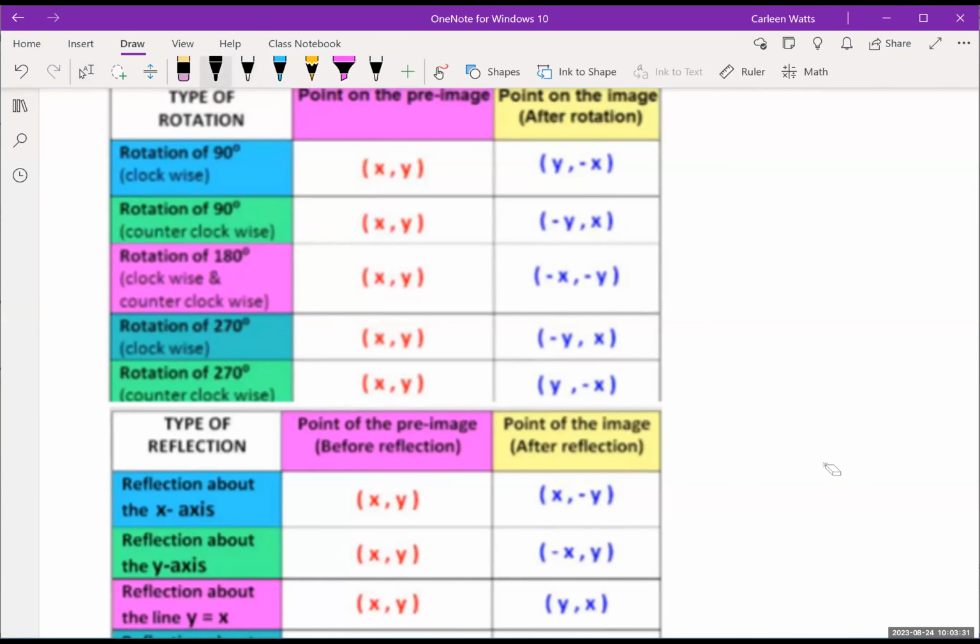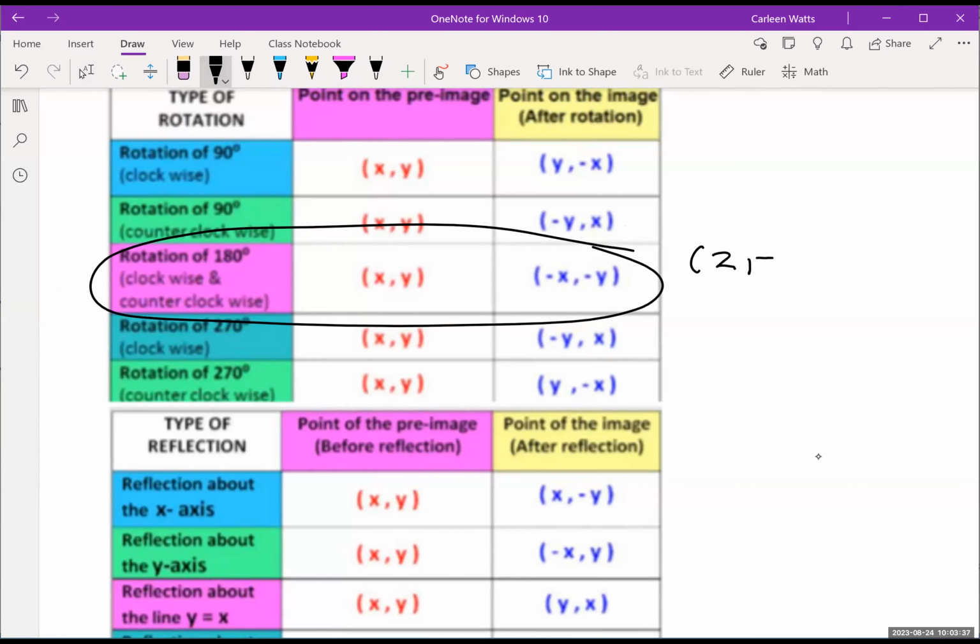So if I had, according to this one, 2, -5, what would that map to, please? Change both signs. Do not change the order.